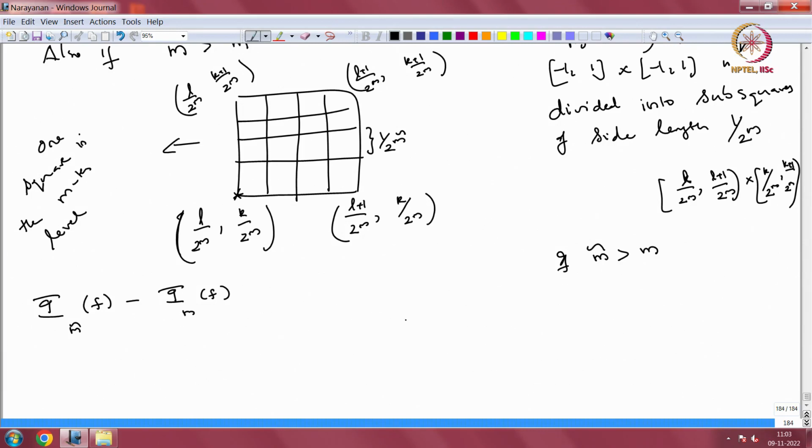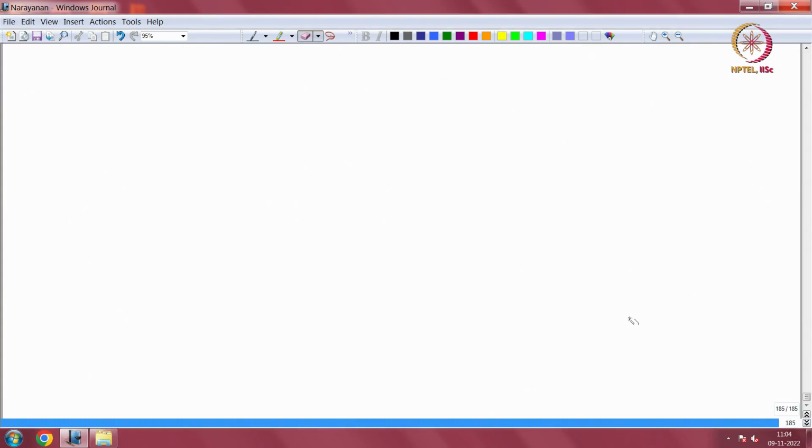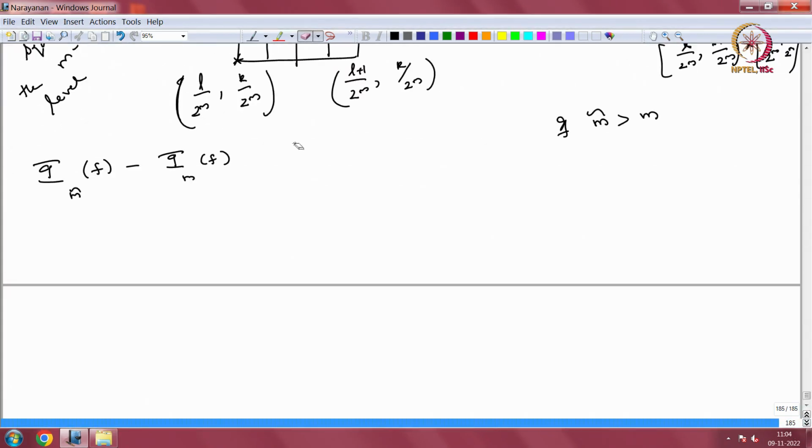So, this is what we did in the one variable case, right. For a fixed k and L, I have, let us write this slightly more clearly, f of L by 2 to the m, k by 2 to the m, into the projections.